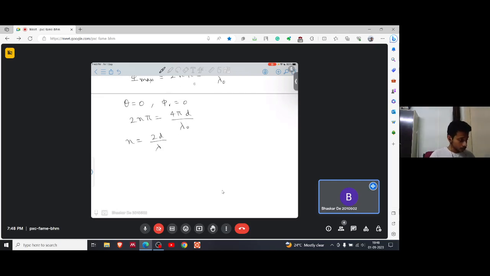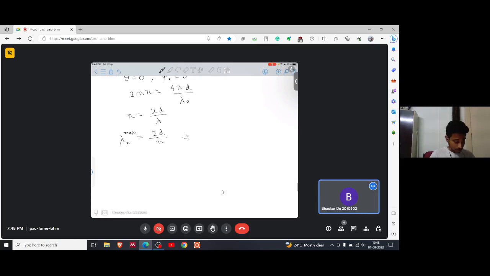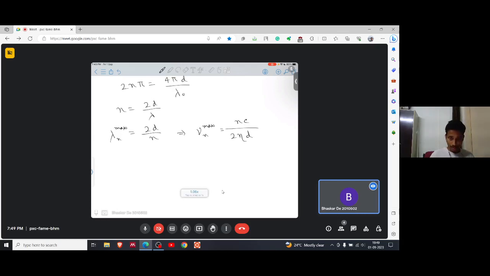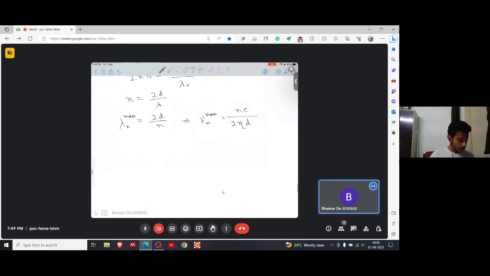So now lambda n that can be obtained in the cavity is 2d by n. From here the frequency of that particular mode will be nc by 2 eta d, where eta is the refractive index of the medium. So this is the nu max.